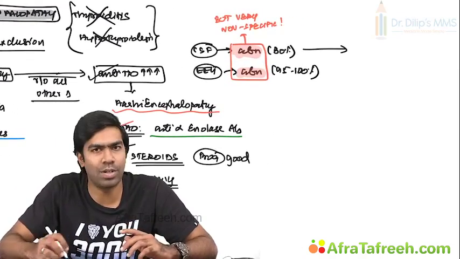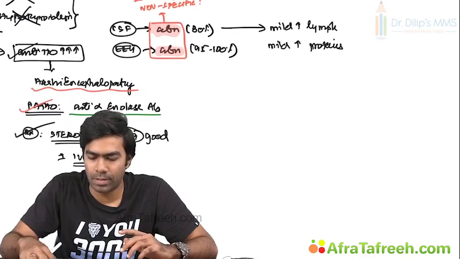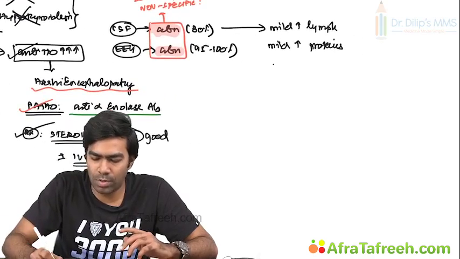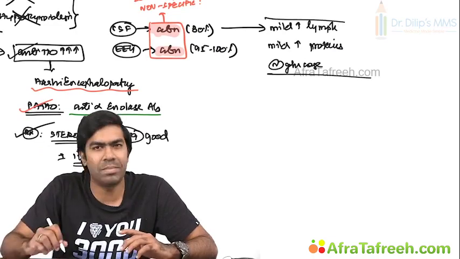CSF abnormality usually will be a mild increase in lymphocytes, mild increase in proteins, and a normal glucose. This picture can be seen in many viral meningitis and viral encephalitis as well, and in many other autoimmune encephalitis as well. So this is not a very specific picture for Hashimoto's encephalopathy.